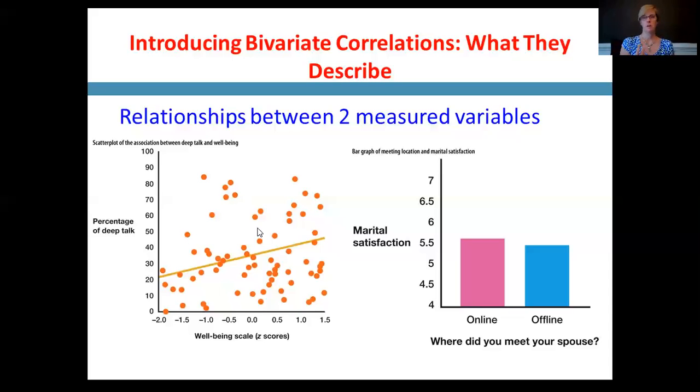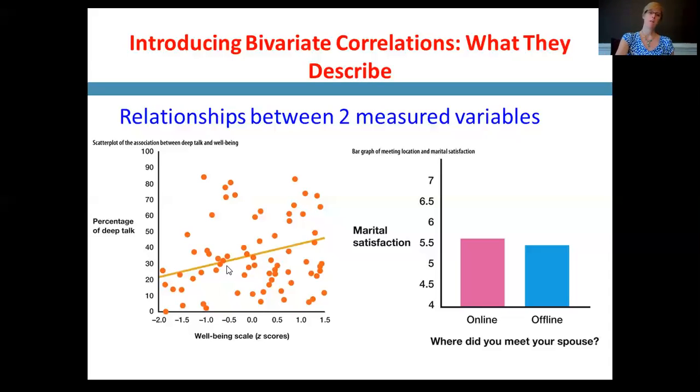And what correlation tells us then is, okay, what if we were to figure out, with all of these data points, this line is a best fit line. What if we were to draw a line through here that shows the trend of the data we have?